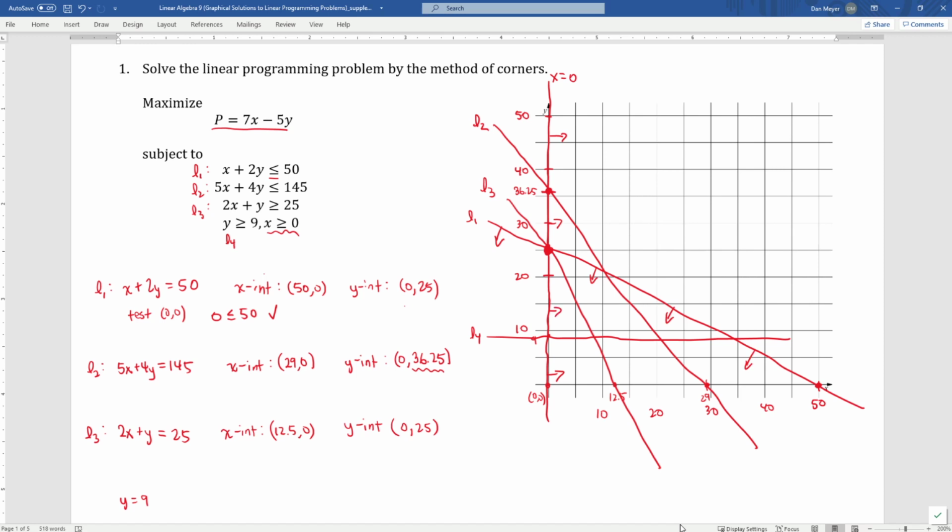For line 2, when I test the origin, that gives me 0 is less than or equal to 145. That's also true. So line 2, we want to be pointing back towards the origin.